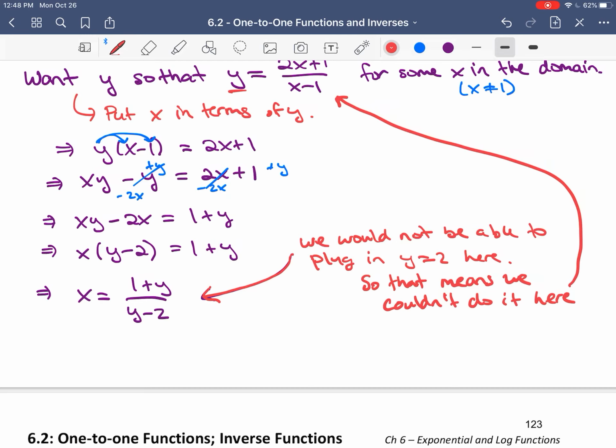And that's the only value that I can't get. So that means that the range is going to be y not equal to 2.